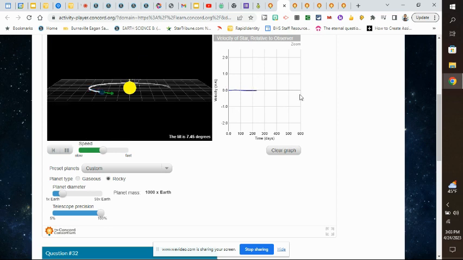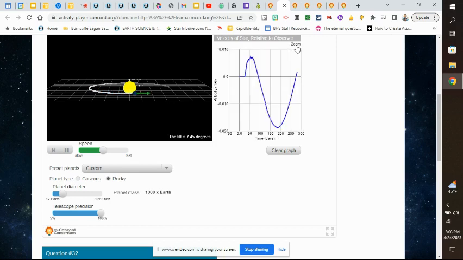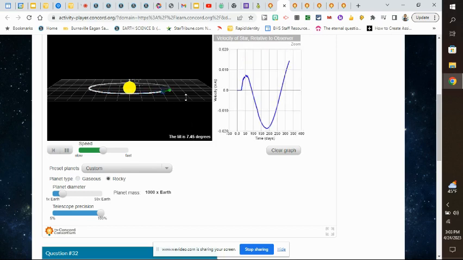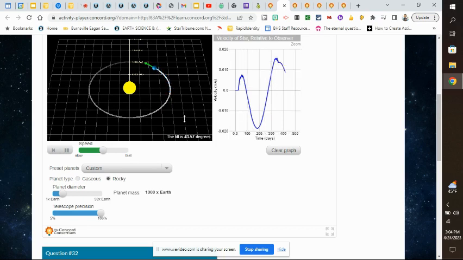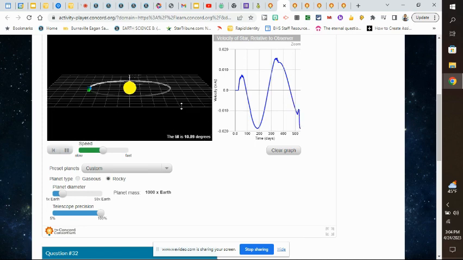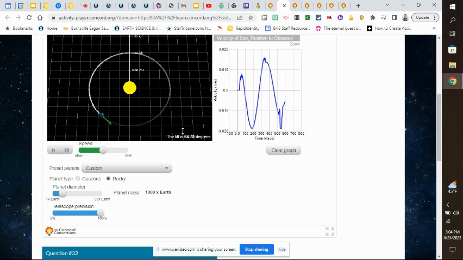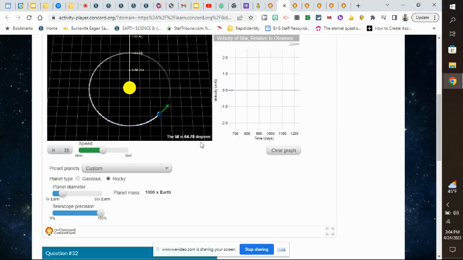Now, I talked earlier about using the zoom button. I'm going to go ahead and click the zoom button. You can see it there. Okay, I'm going to move the angle, let this come back. I'll clear the graph and start over.